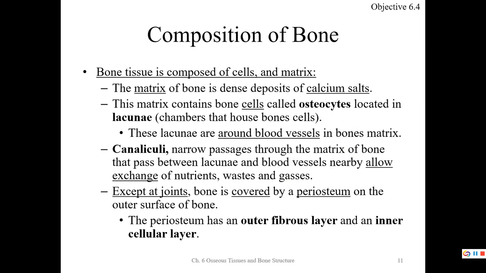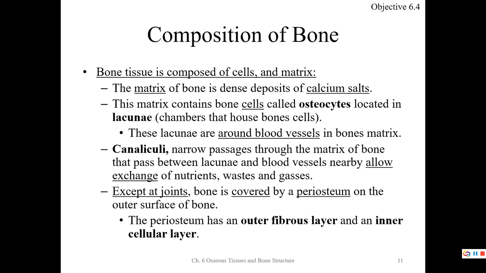These are bone cells, and the chambers that house them are called lacunae. The lacunae are surrounded by blood vessels in the matrix, and connecting the blood vessels that are nearby are the canaliculi. The canaliculi allow the nutrients, wastes, and gases and things like that to be exchanged.